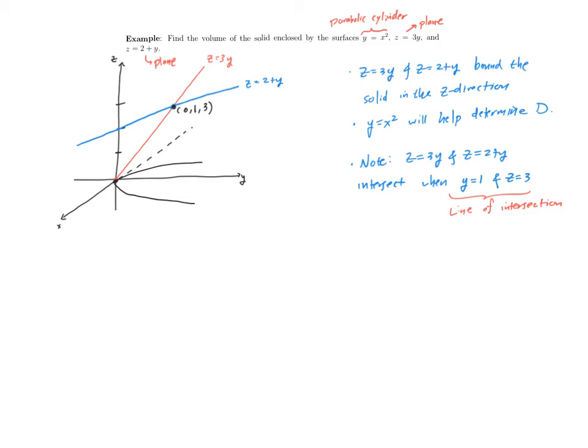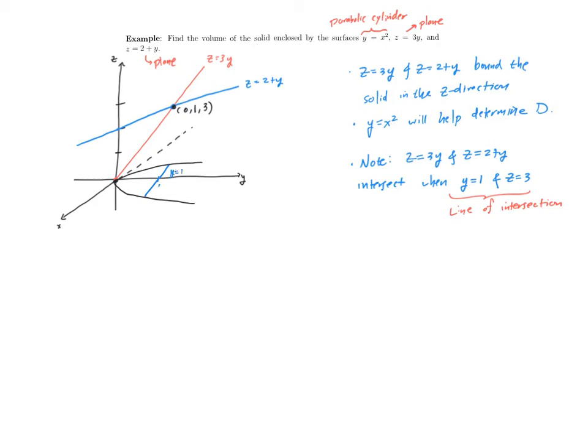And now we have the difficult part of the problem, I think, combining this all together. Our solid is going to be bounded between the two planes, and it's going to lie somehow inside this cylinder. And note we observed a moment ago that the planes intersect along this line, y equals 1.